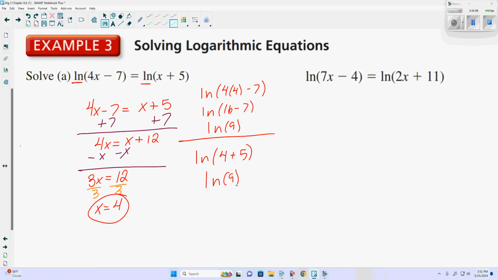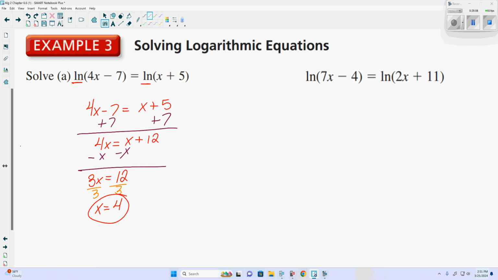And what's inside our log is not 0 or negative. This spot here is not 0 or negative, so that works. So our solution for this is x is equal to 4. I was just checking it. We could have also done that in a calculator, ln of 4 times 4 minus 7, and found its value, and saw what ln of 4 plus 5's value is, and they will give us the same decimal number.